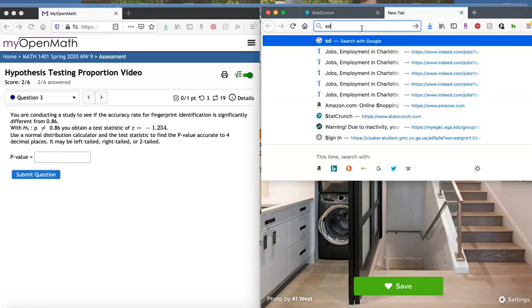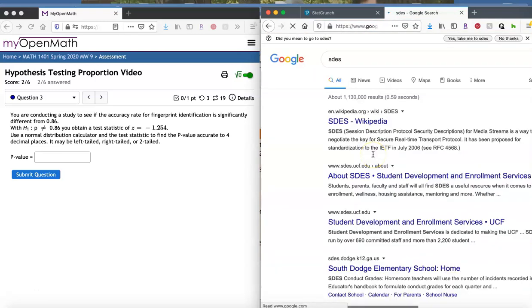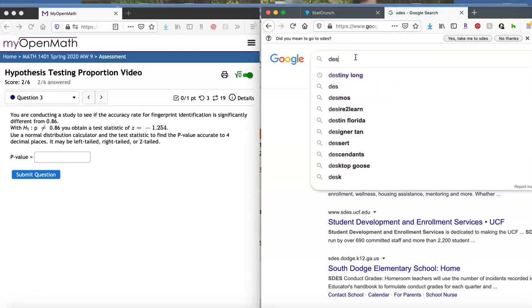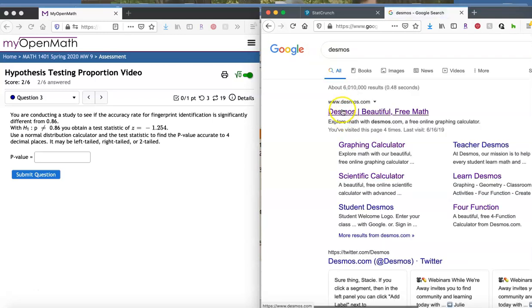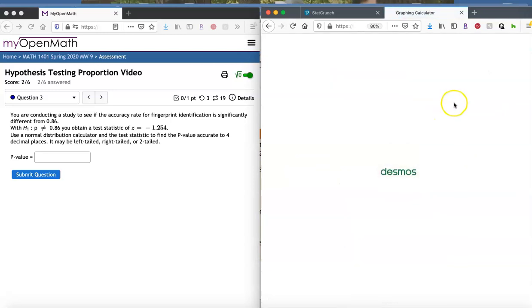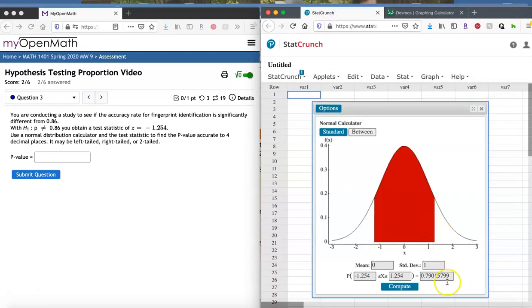So I'm going to pull up Desmos. Wow, thought I was going to pull up Desmos. And I'm going to have to do 1 minus whatever it was that was there.